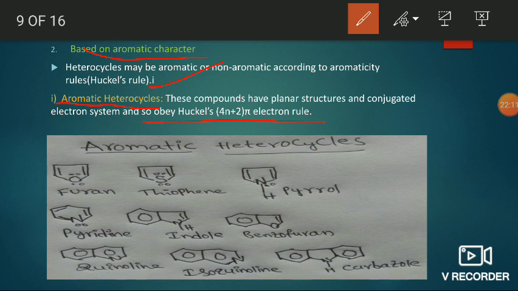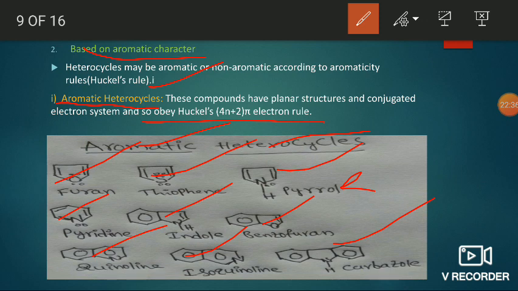Examples of aromatic heterocyclic compounds are furan, thiophene, pyrrole, pyridine, indole, benzofuran, quinoline, isoquinoline, and carbazole. All these are examples of aromatic heterocycles.